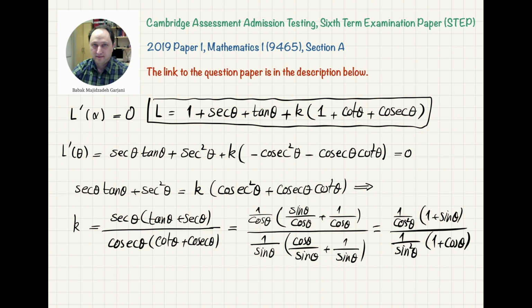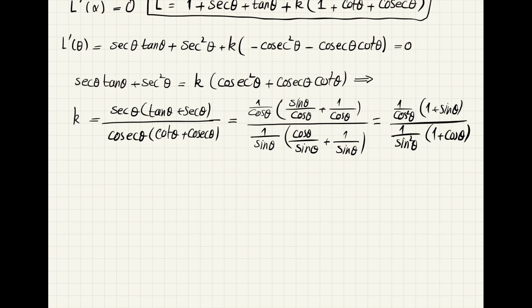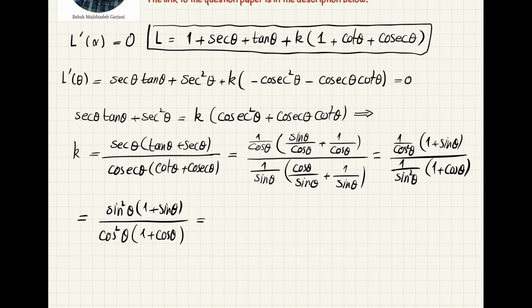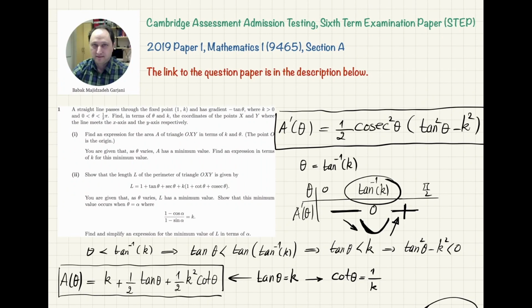Now it becomes sine squared theta times 1 plus sine theta divided by cosine squared theta times 1 plus cosine theta. But this is not finished yet. You see here what I need, this is my k value.